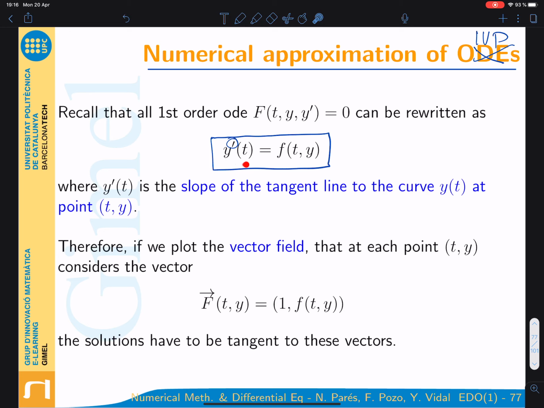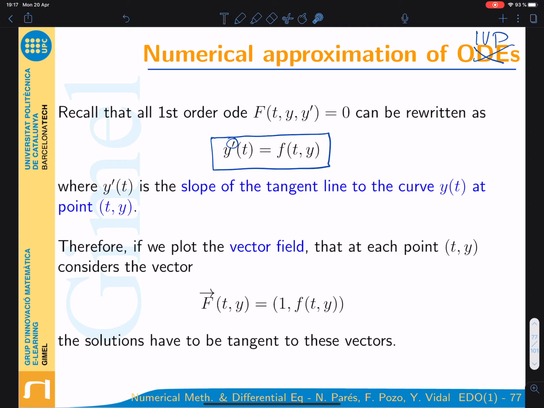What the ODE is telling us is the slope of y(t). Y prime is the slope of y(t), the function we are trying to find. And the slope is given by this function, f of t, y.